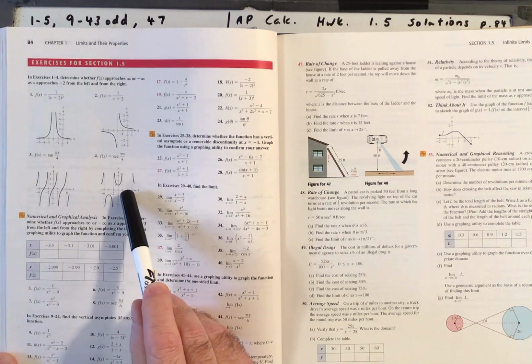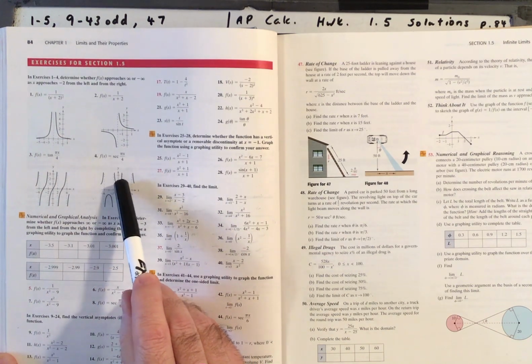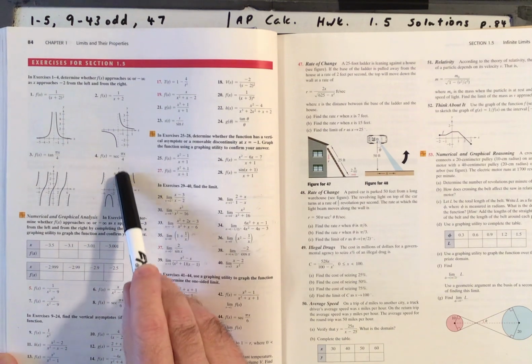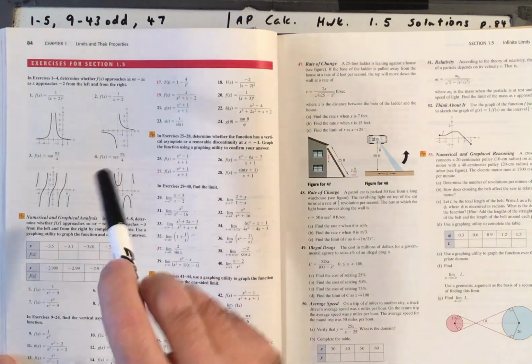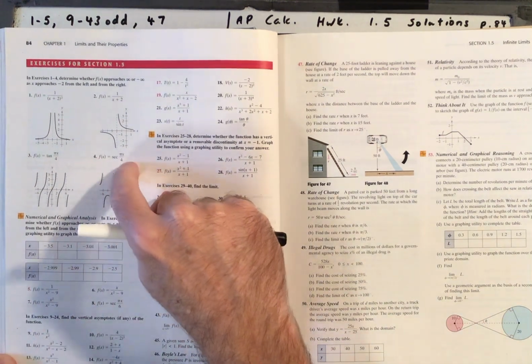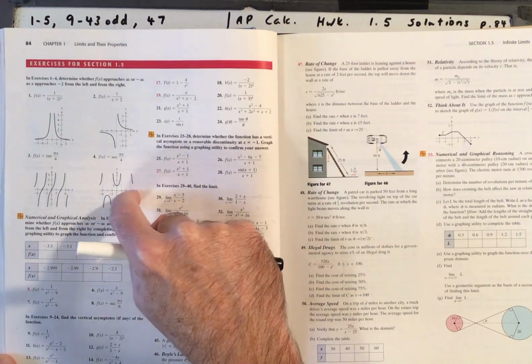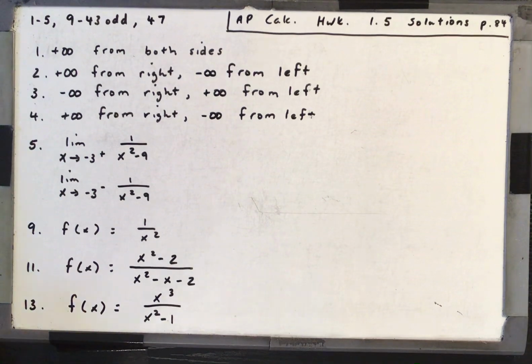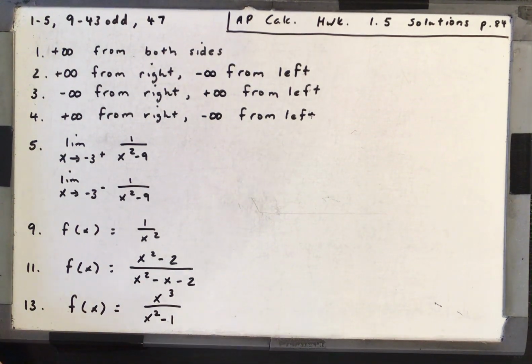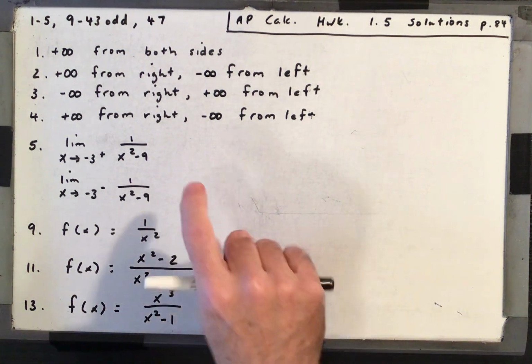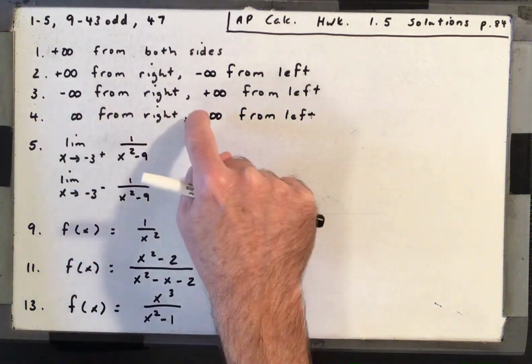From the left, got that backwards, positive infinity, so going up like this. From the right, negative infinity. All right, so from the right, I think I got that backwards on number four here.